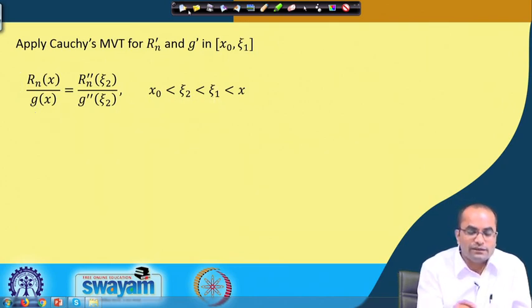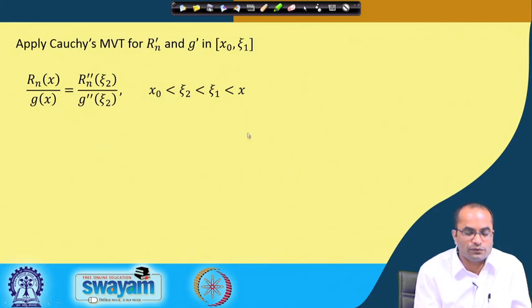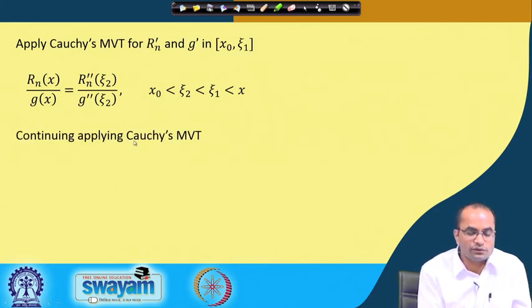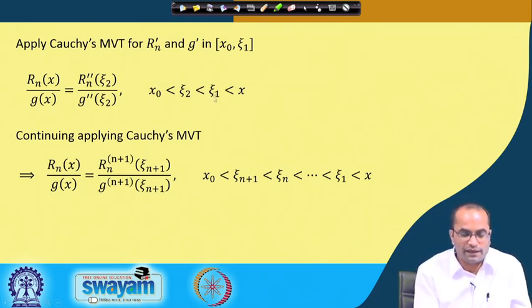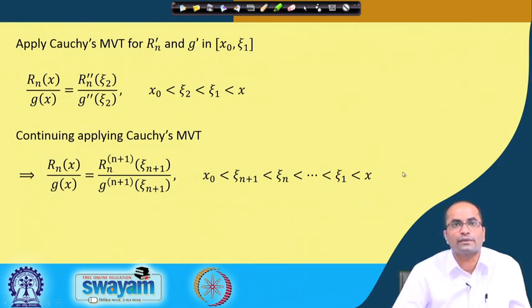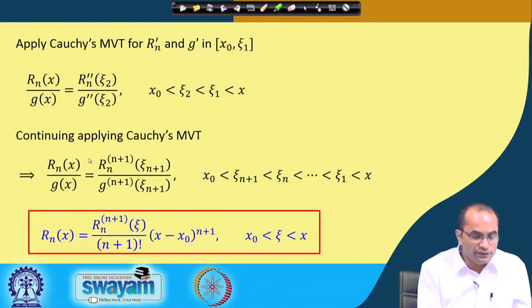And now we can continue this process further for the next derivative. So, applying this Cauchy mean value theorem further, what we will get? We can go up to the (n+1)th derivative, because up to the nth derivative R_n and g both are 0. So, we will end up with this term, and then here this xi_(n+1) lies between x_0 and this xi_n, and there was a continuity up to x there. So, what do we get out of this?